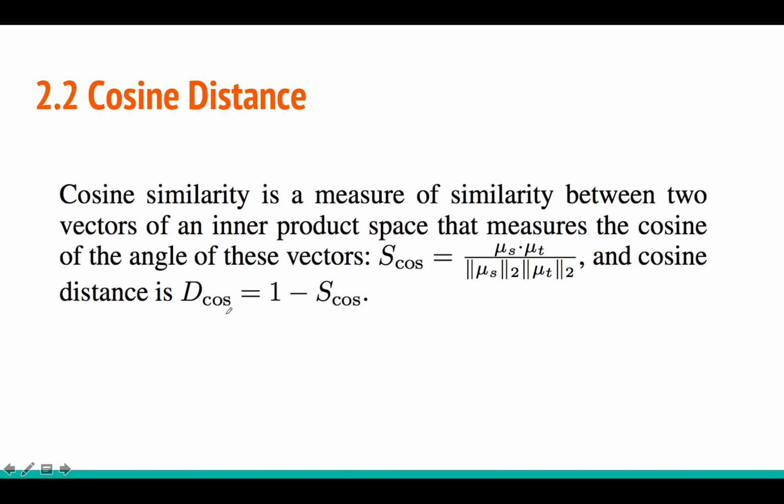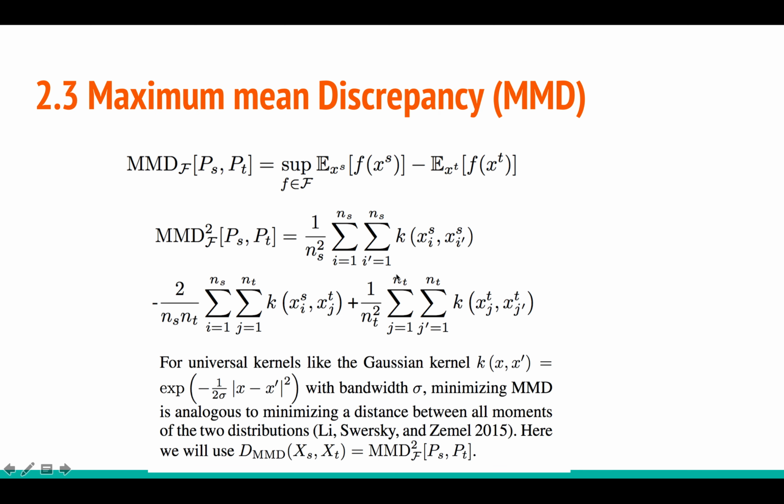The distance will be 1 minus that cosine score, right? Then coming to MMD, maximum mean discrepancy loss, we assume PS is the probability distribution of the source data, and PT is the probability distribution of the target data.